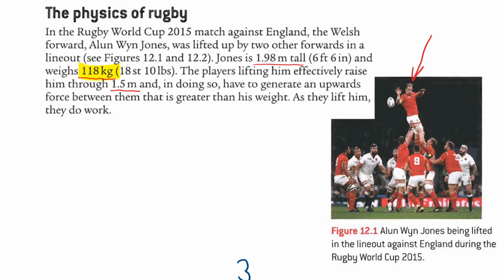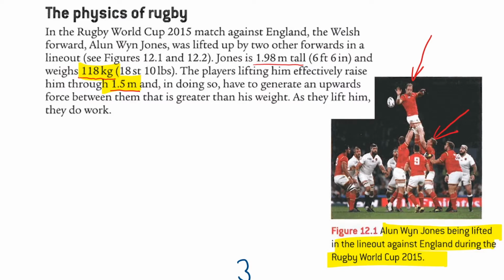Now these 2 numbers here are the important numbers, and in doing so they have to generate an upward force between them that is greater than his weight. Now what you have to be able to do is work out how much energy is transferred from these 2 players here.